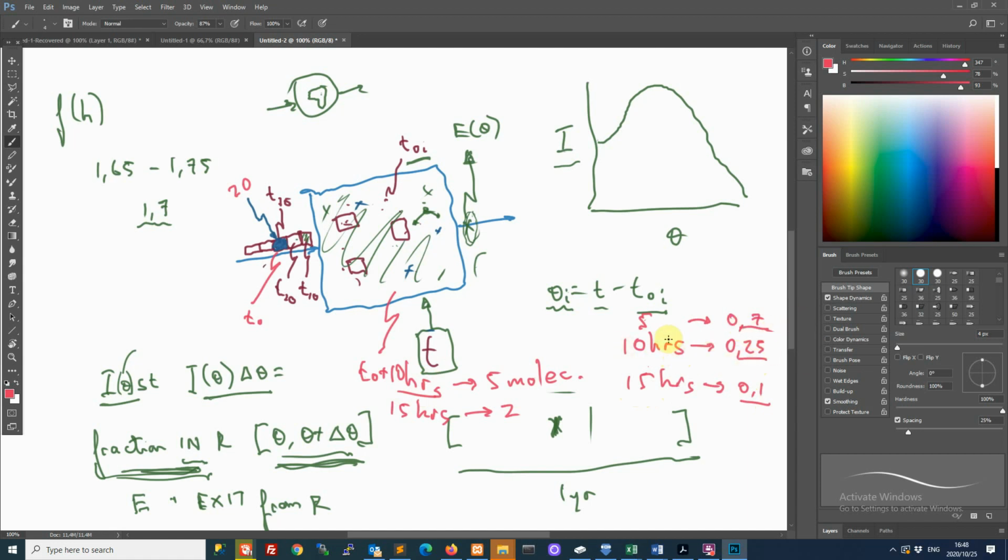So in this way, we can create for ourselves a distribution. We can work out what proportion of our fluid elements are surviving to these different ages. And we can see in this case, because of the flow dynamics here, our salt is running out, and after 20 hours, there's very little left of it.